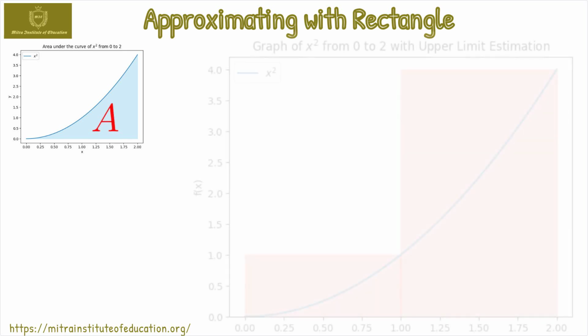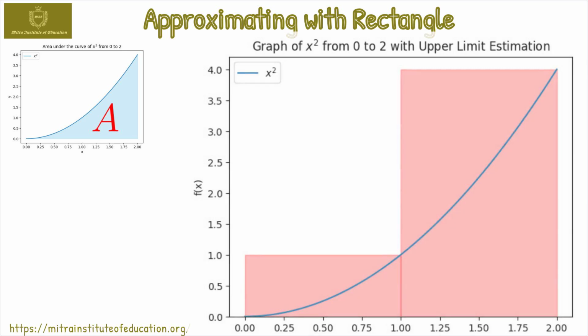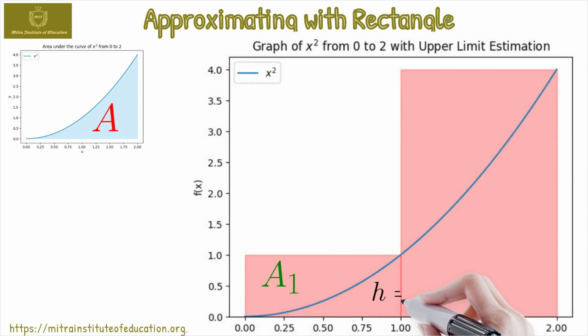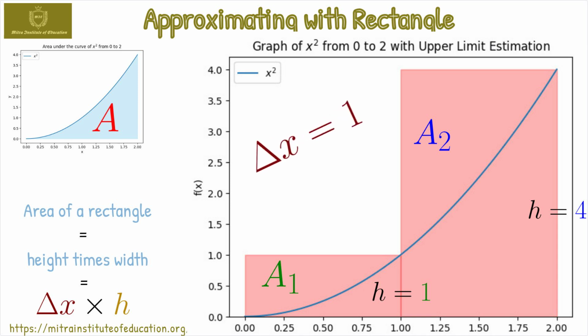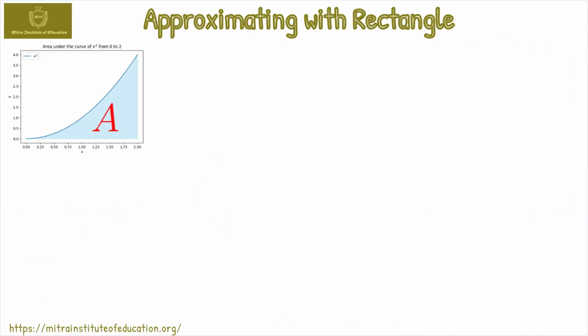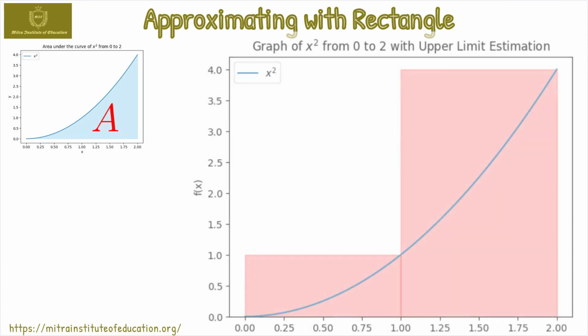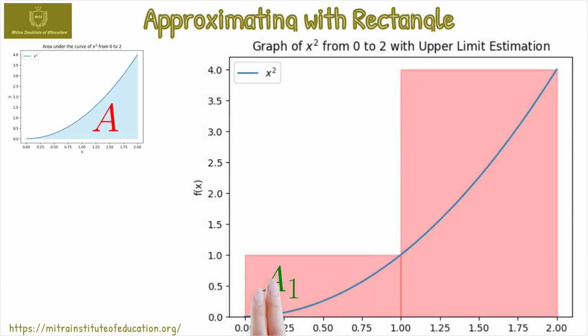To estimate the area under the curve, we add the areas of two rectangles. The area of a rectangle is given by its height, multiplied by its width. Here, the width of each rectangle is delta x, this equals 1. For the first rectangle, the height is 1, and the width is delta x, which equals 1.